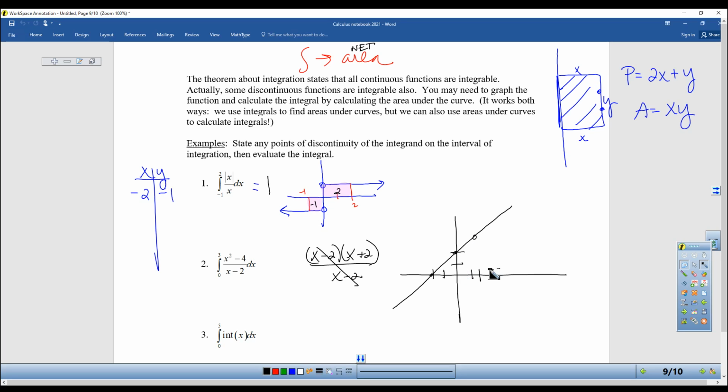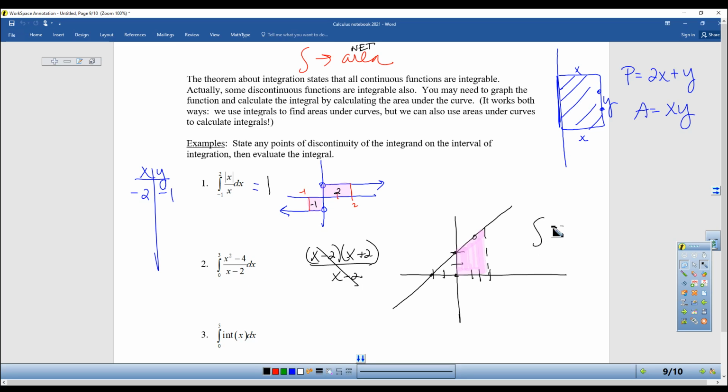Well, as I'm going from 0 to 3, does that hole affect my area? It definitely does not. The hole has no effect on the area. So you can just go ahead and do the integral of x plus 2. You still don't want to do the integral of this, right? You can still use the simplified version.